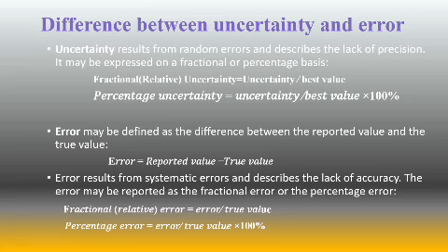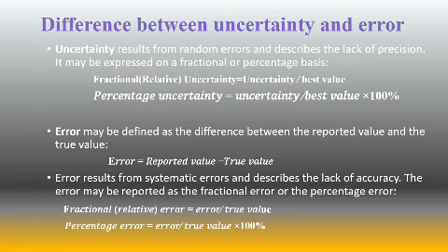So we move on to instrument limit of error and least count. Least count is the smallest division that is marked on the instrument. Thus, a meter stick will have a least count of 1.0 millimeter, and a digital stopwatch might have a least count of 0.01 seconds.